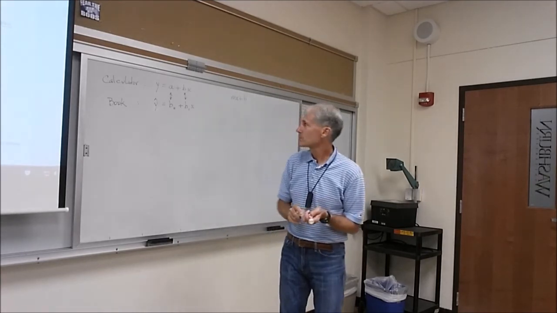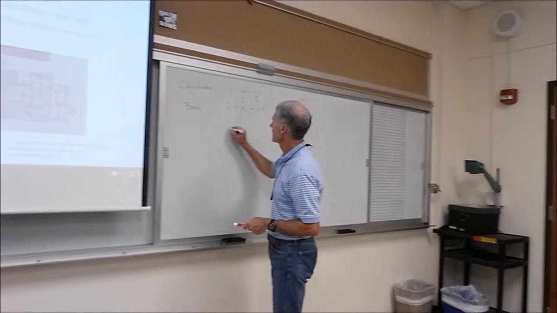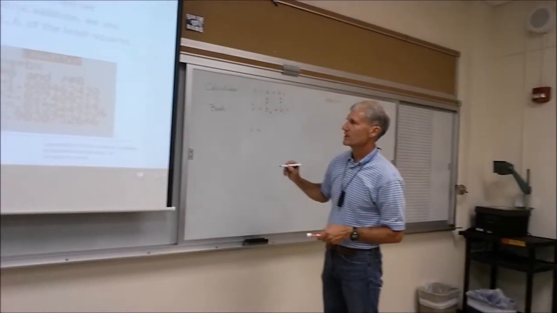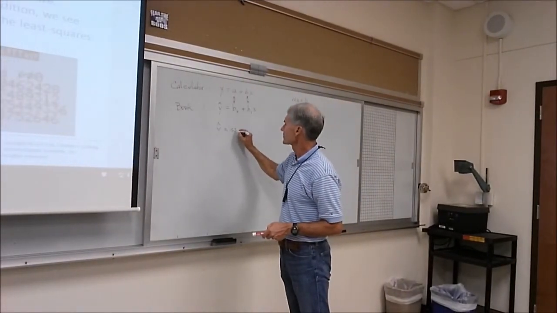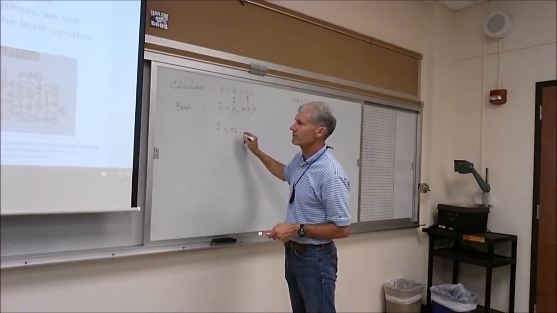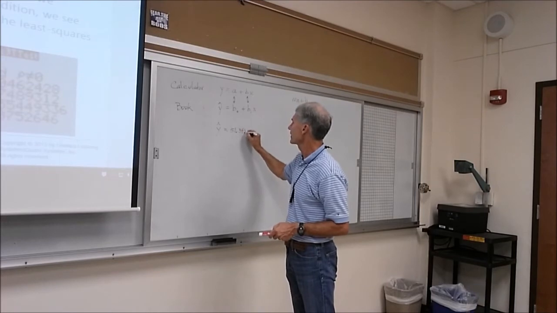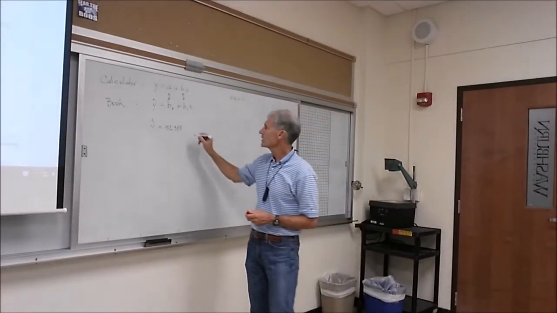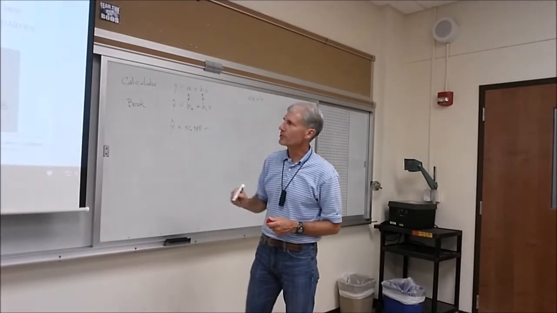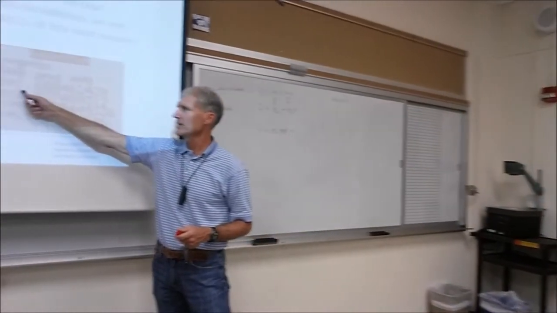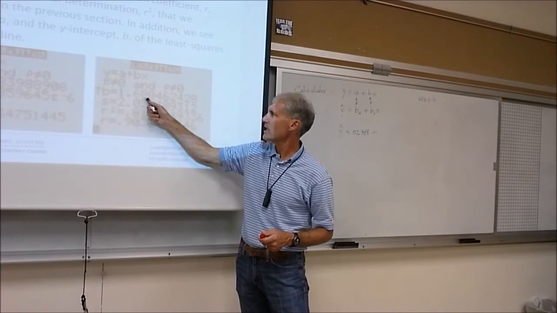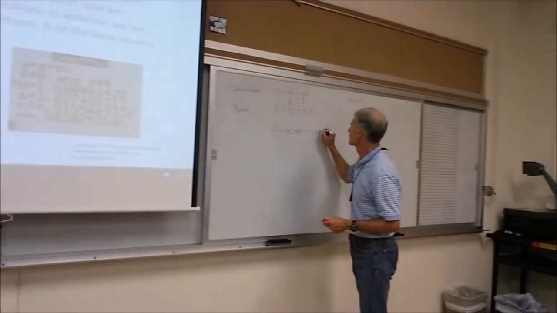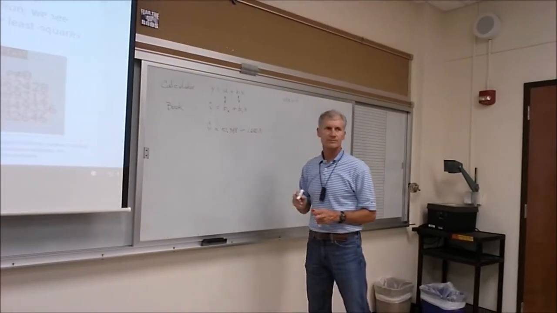Okay? So let's write down the equation, and then let's get the interpretation of the slope and intercept. So we have A is 51.348 if I round to 3 places, plus the slope, which the calculator calls B, is 1.680 if I round to 3 decimal places, times x.